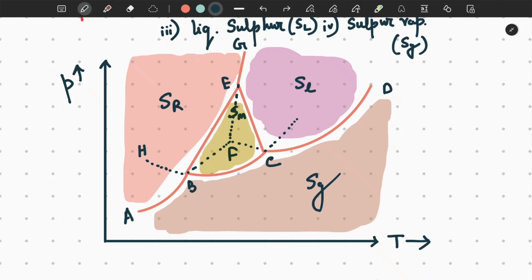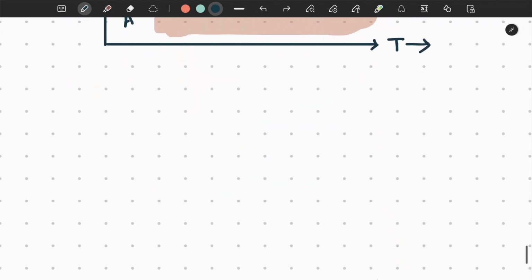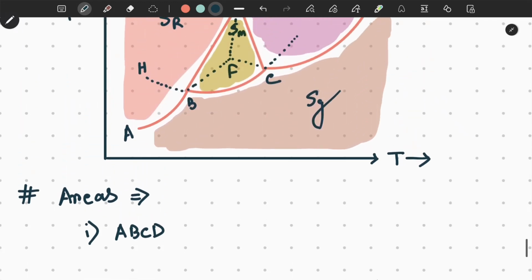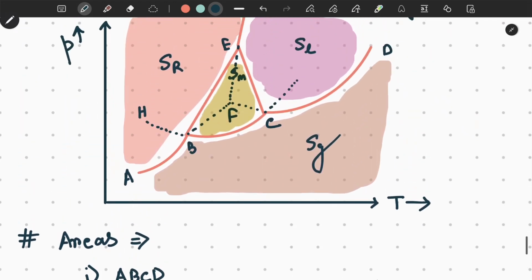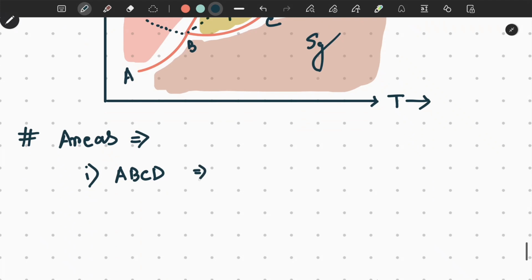Is it understandable? Yes. So let me write the areas, otherwise it can be confusing. The first area is A, B, C, D. This A, B, C, D area is gas.